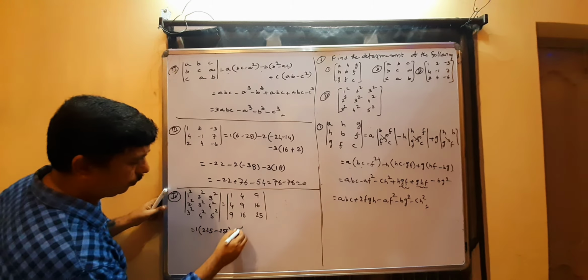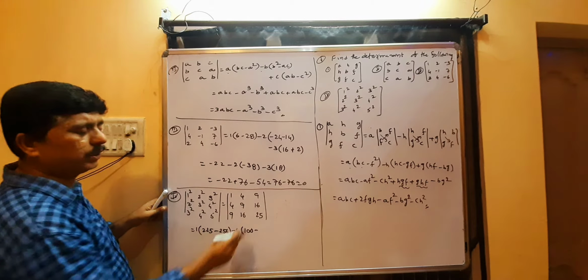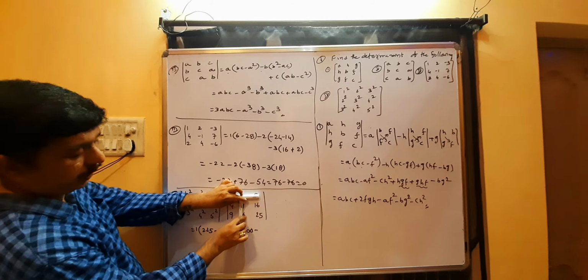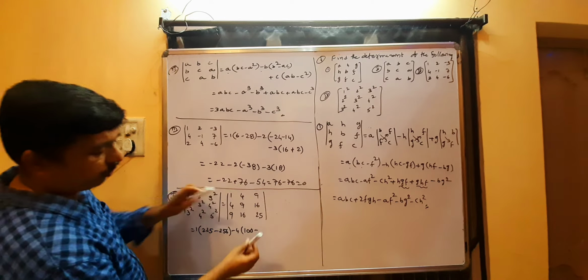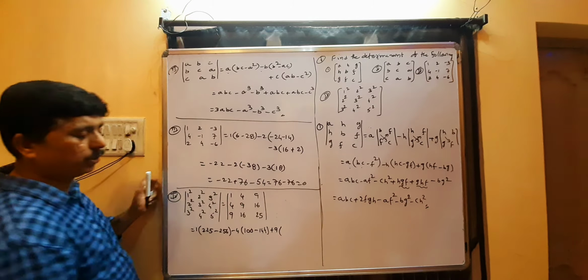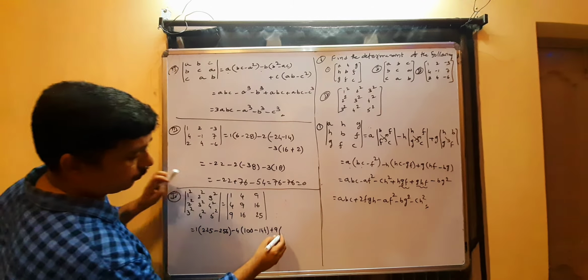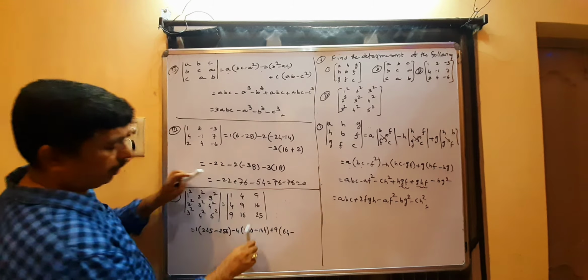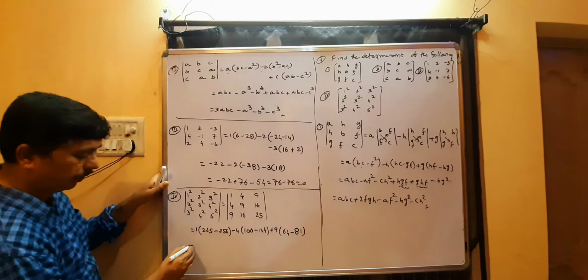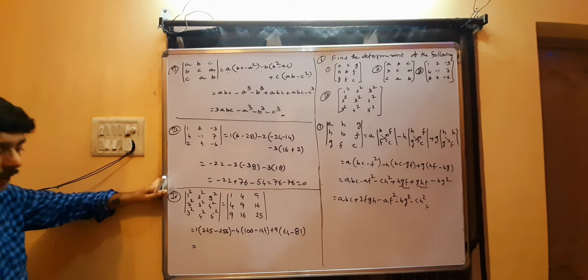Minus 4 into 25 is 100, minus 9 into 16 is 144, closing the row and column. 9 into 16 is 144. Then 9 into the determinant: 16 into 4 is 64, minus 9 into 9 is 81. Do the calculation, we get 225 minus 256, that is minus 31.